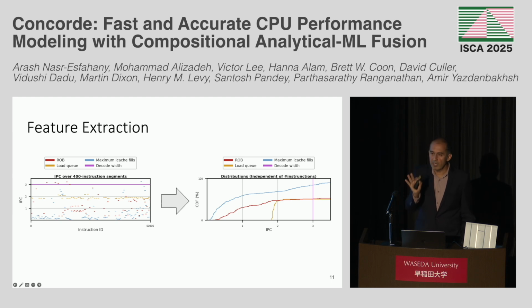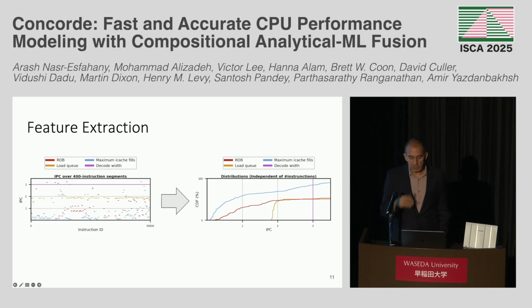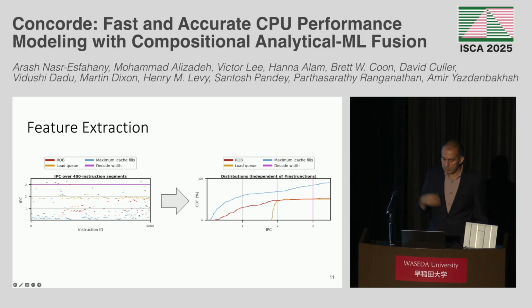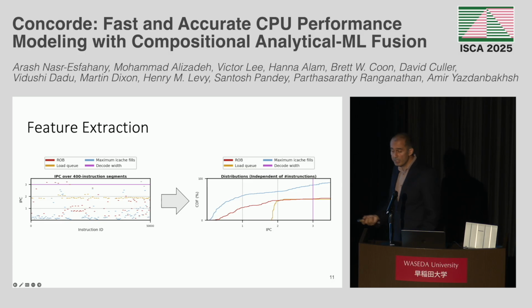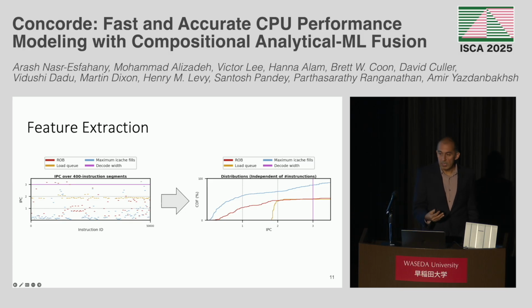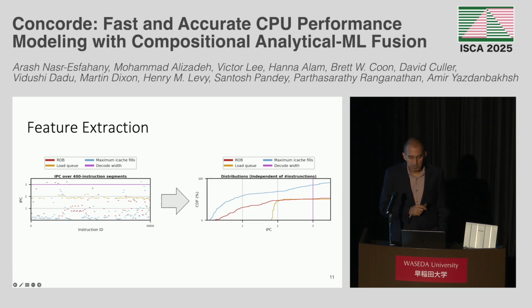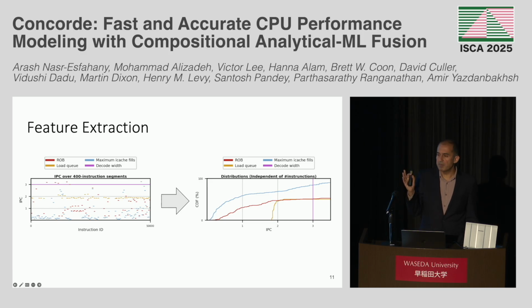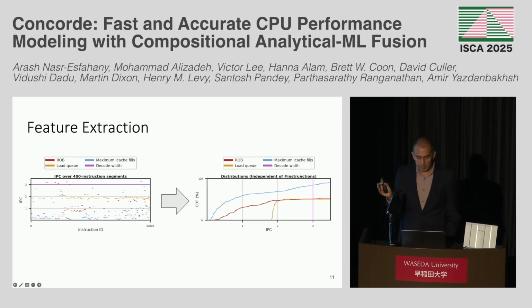Sure, we lose a little bit of accuracy, but stay with me. We encode each distribution using a fixed set of percentiles, which gives us a compact, fixed-length representation of that particular resource. This step allows our model's input size to be independent of the instruction count, and inference becomes very, very simple, regardless of the instruction size that you're modeling.